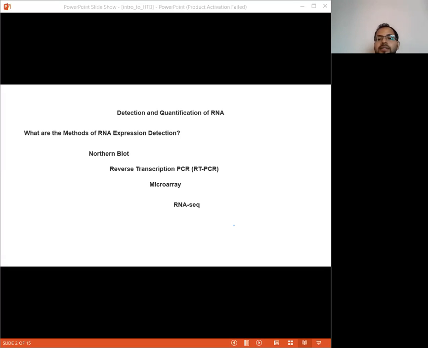Okay, but if you are using microarray or RNA-seq techniques, then you can analyze a number of samples, a number of genes, a number of RNAs at a time. Okay, and that's why these are more powerful. Now, you should remember that even if you are performing large scale analysis using microarray or RNA-seq, what is your goal?